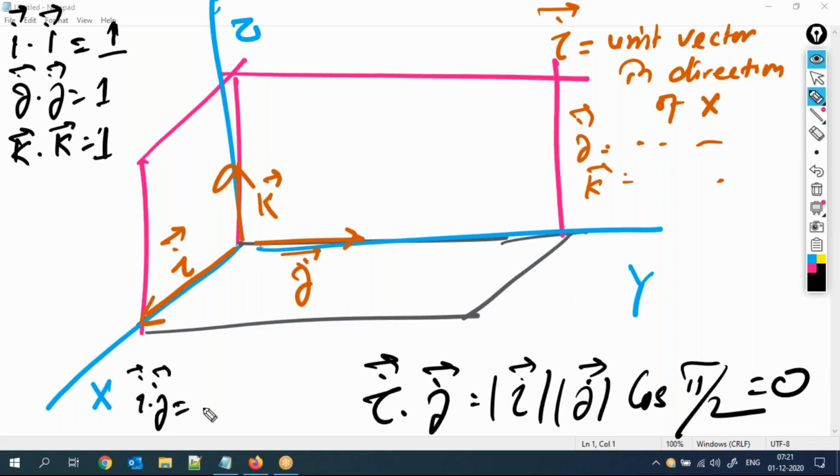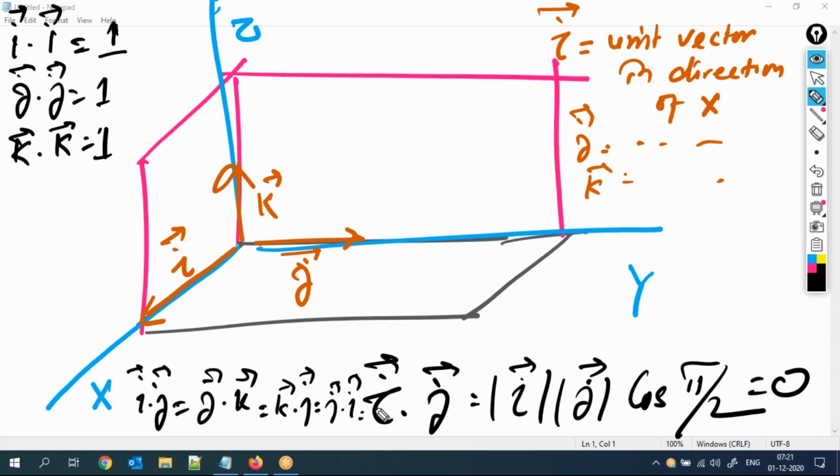Why did it become 0? I didn't understand. Cos pi by 2 is what? 90 degrees.